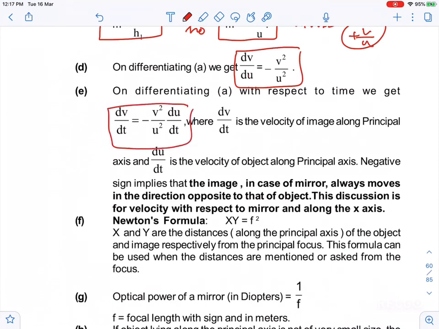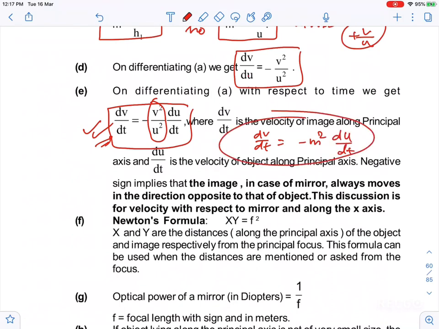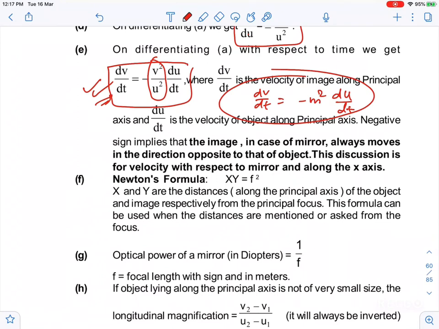Suppose you write dt: minus v square by u square, du by dt is dv by dt. The velocity with which the image is moving is equal to magnification square times the speed with which the object is traveling. You have to keep in mind this object velocity and image velocity relation.